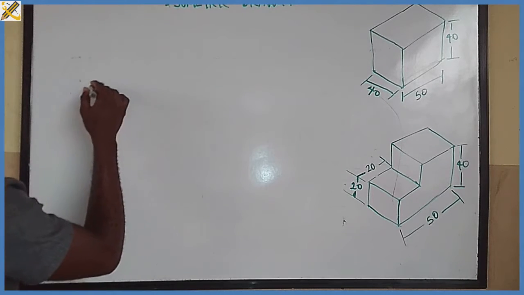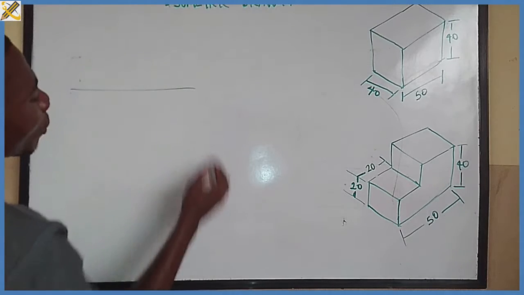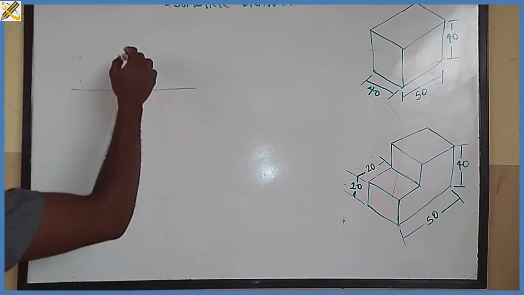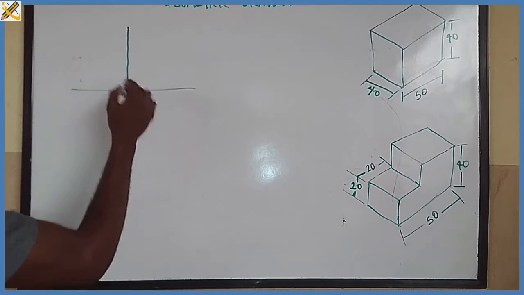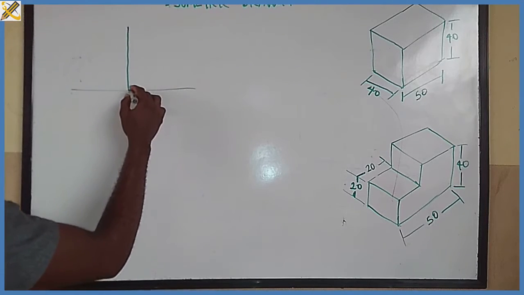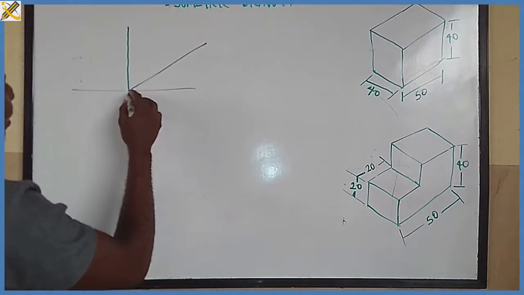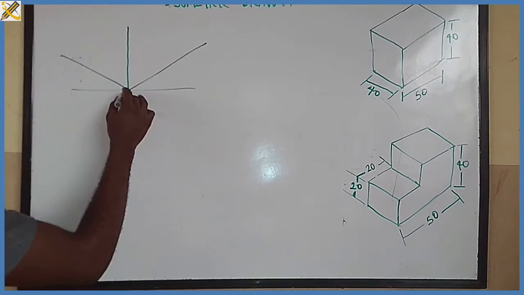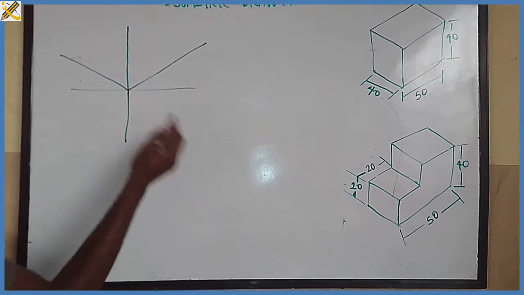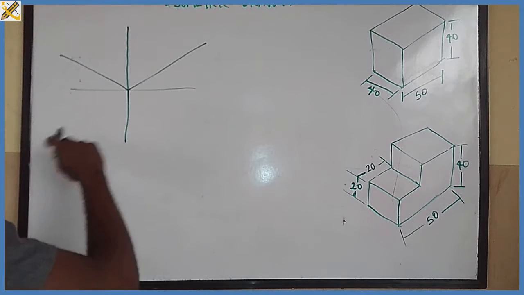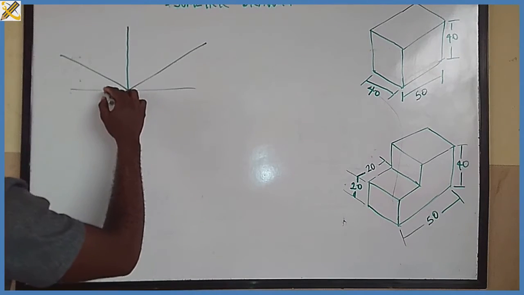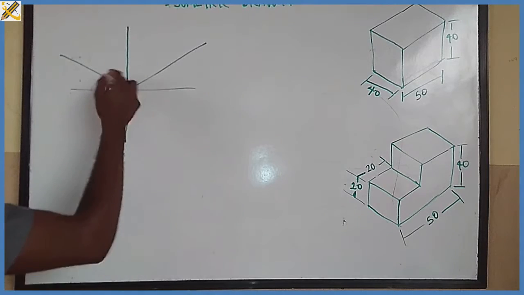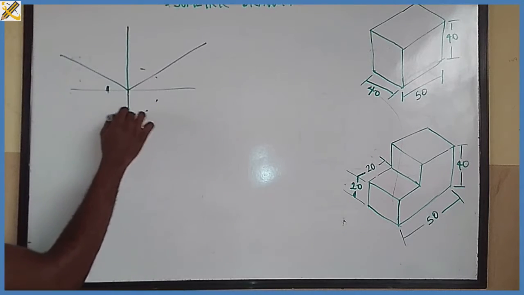I'm having a horizontal line in this one, then I have this line right here. So I'm having this here, and this here. Initially, the total angle from this area down here, moving in this axis down here, is what?